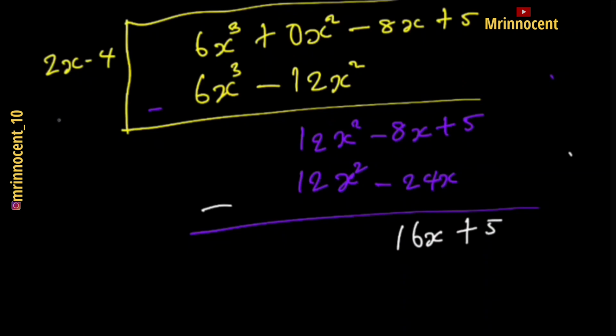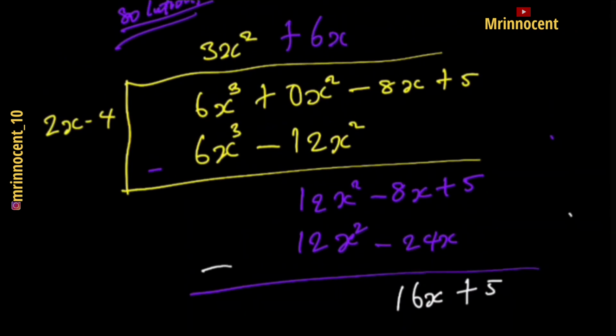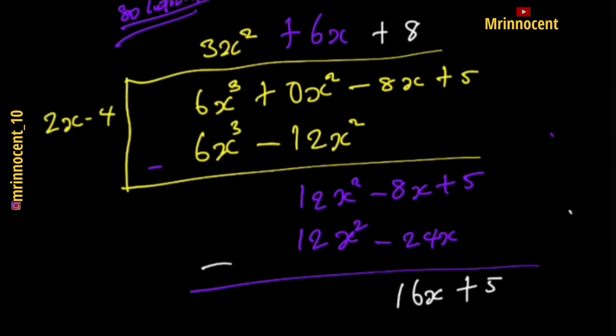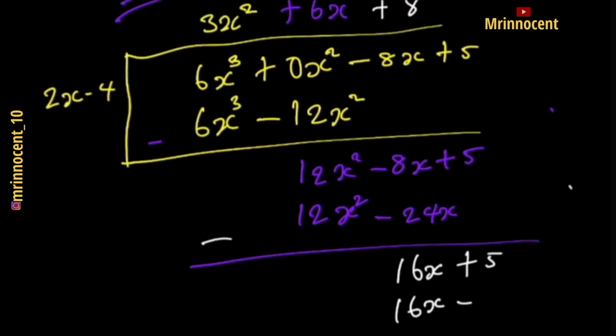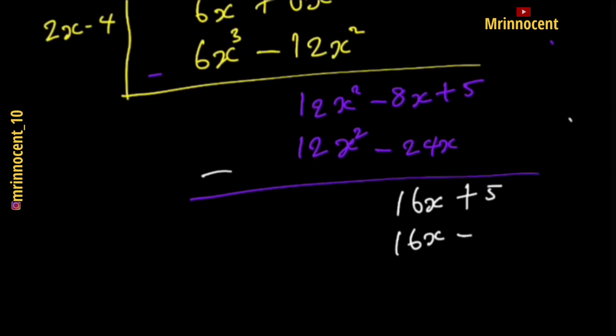2x divided by 16x is plus 8. 8 times 2x is 16x. 8 times 4 is minus 32.